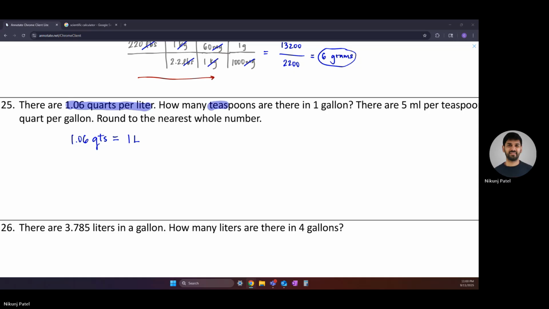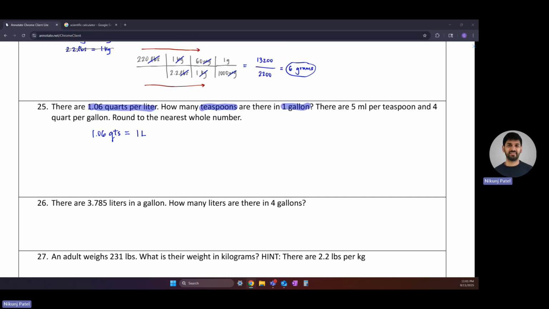So it's giving us a couple of other measurements there, teaspoons and gallons. There are 5 milliliters per teaspoon and 4 quarts per gallon.